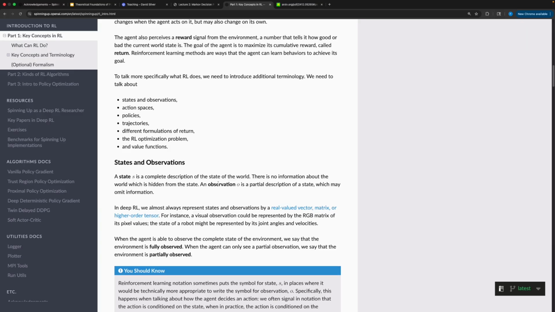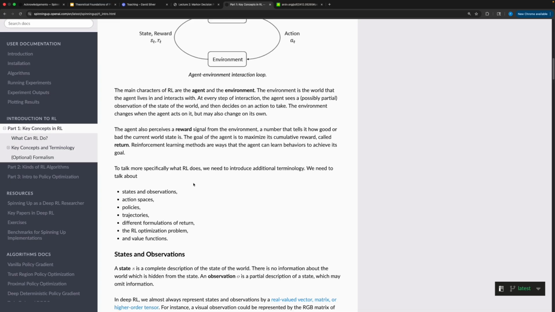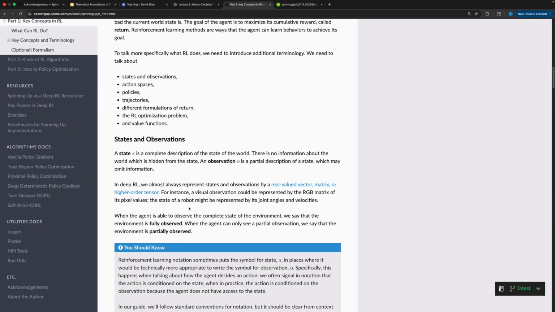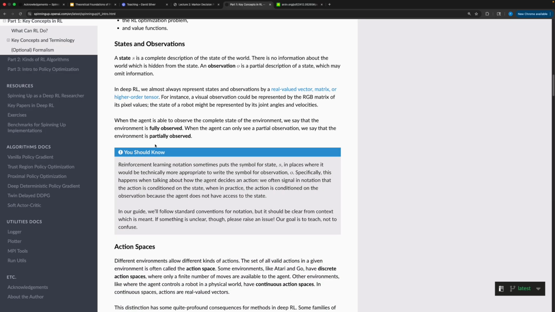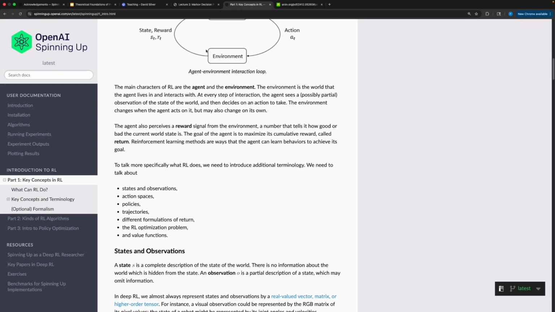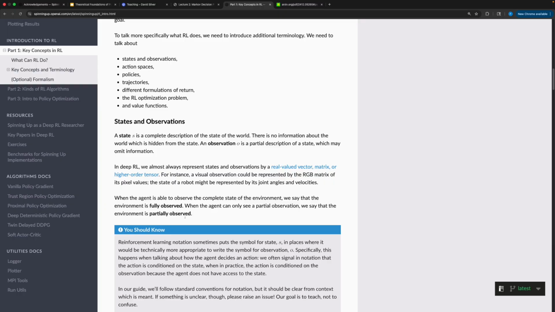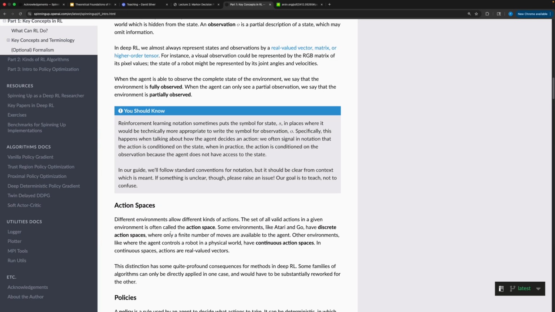So sometimes we also say that the environment gives back the observation instead of the next state, and only the observation is visible to the agent. If the entire state of the agent and the environment is visible to the agent, then it's called a fully observed environment. Otherwise it's called a partially observed environment.